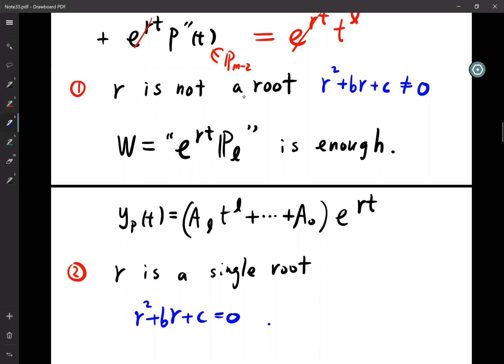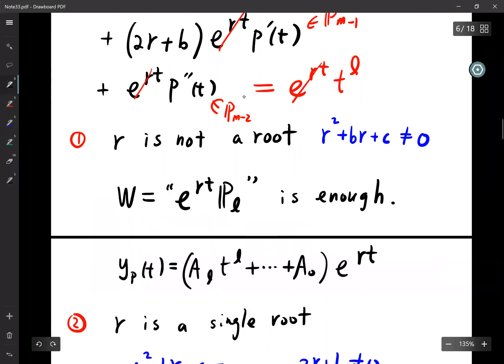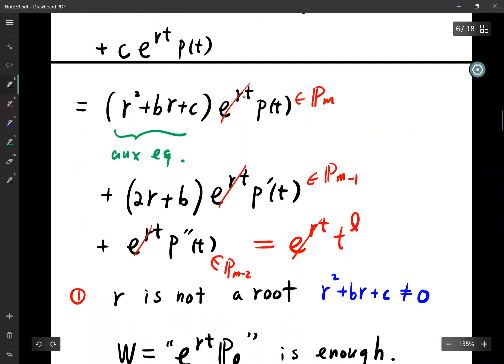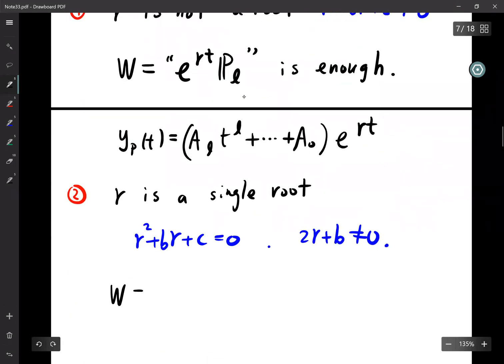So it means 2R plus B is not 0. Then we cannot rely on this term, but this one belongs to P_(m minus 1). In order to match the right-hand side, which is t to the L, we have to set M to be L plus 1.